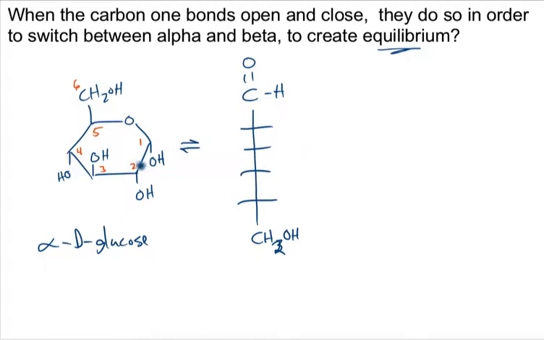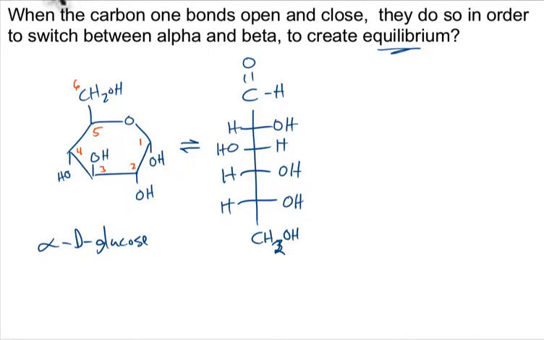The relative pattern of the hydroxy groups in the Haworth structure versus the Fischer projection, I'll deal with that later. In the Fischer projection, what we see is this pattern for the hydroxy groups.